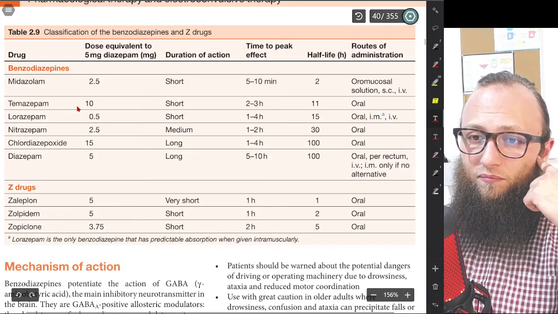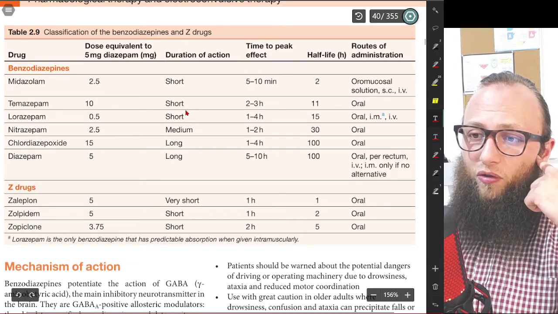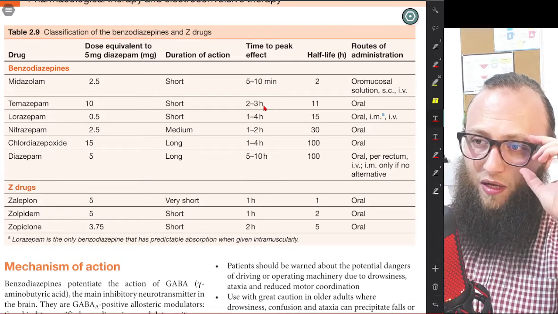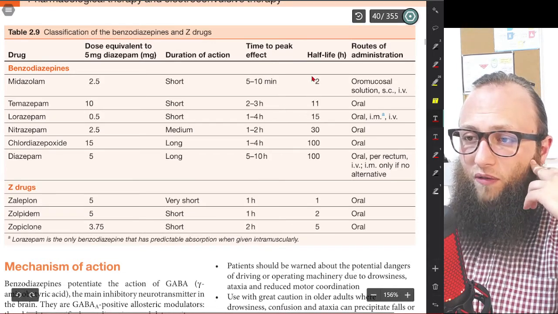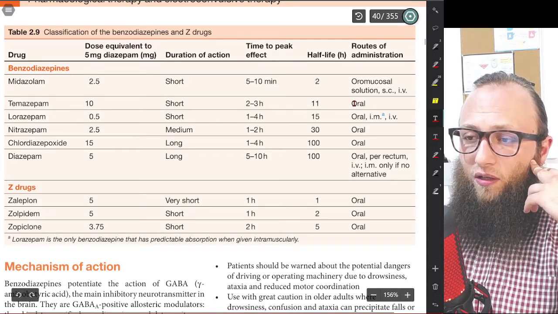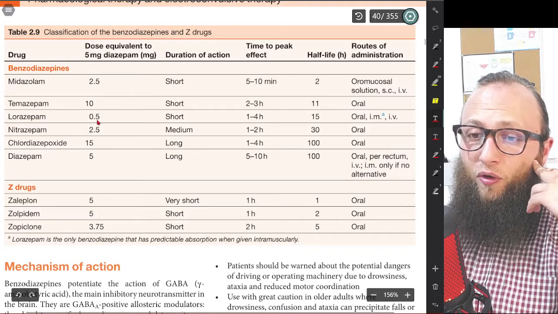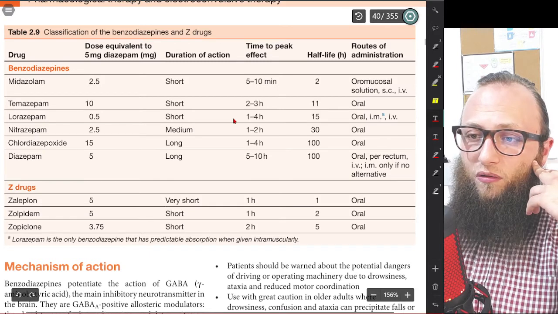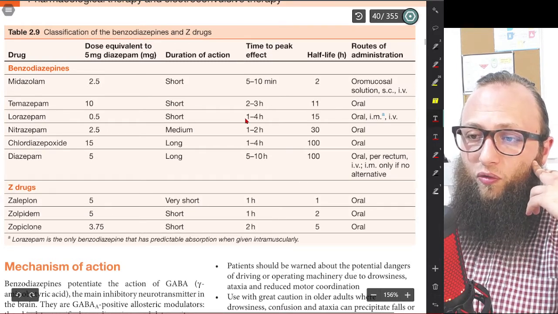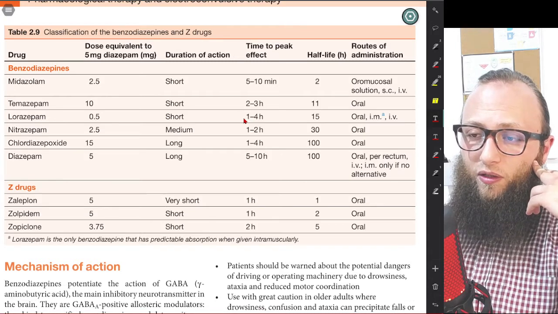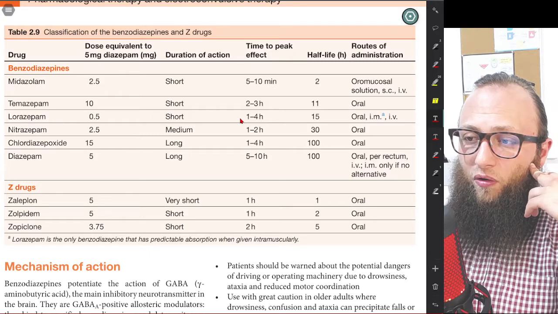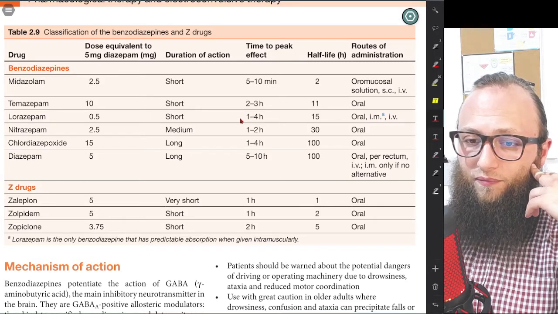Temazepam 10 mg, short duration, 2 to 3 hours to peak effect, and 11 hours half-life. It is taken orally. Lorazepam 0.5 mg is equivalent to 5 mg diazepam. Short duration, the time to peak from 1 to 4 hours, and the half-life is 15 hours. It can be given orally, IM, and IV.